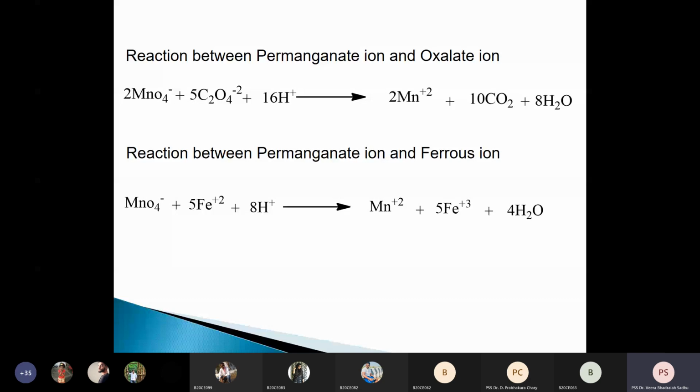And what will be the reaction with the ferrous ions? Here KMnO4 reacts with the ferrous ions in acidic medium, and it gives rise to ferric ions.